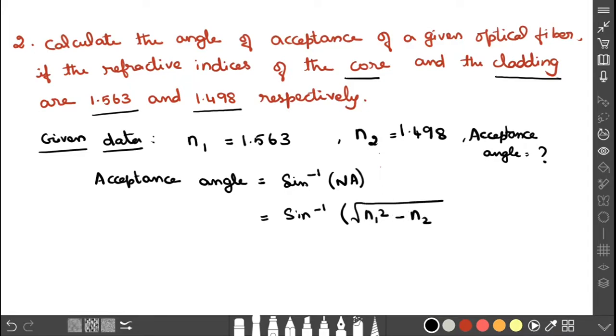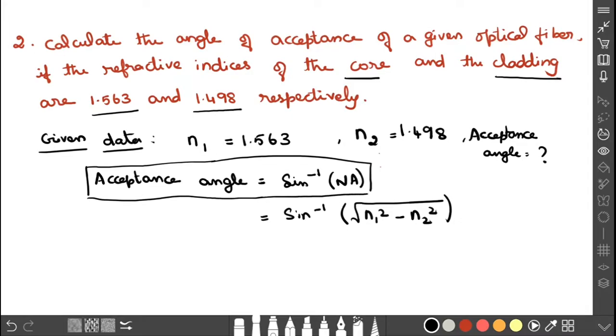So the formula required is acceptance angle equals sine inverse of NA, and we substitute the numerical aperture value, root of N1 square minus N2 square. So we have to substitute the values of N1 and N2 in this.